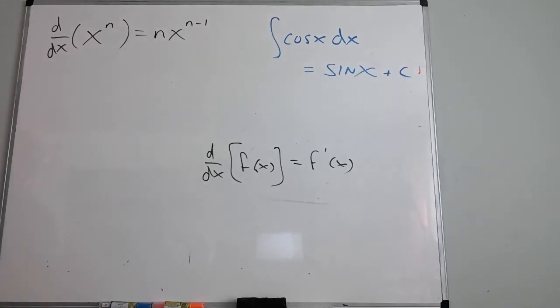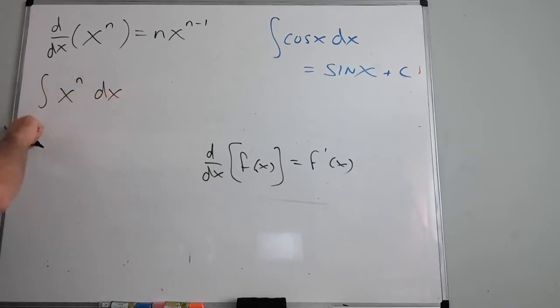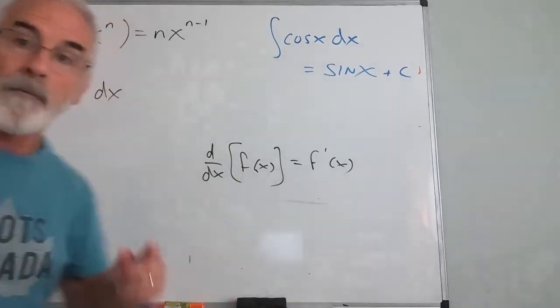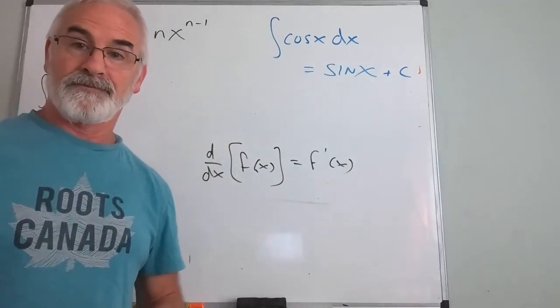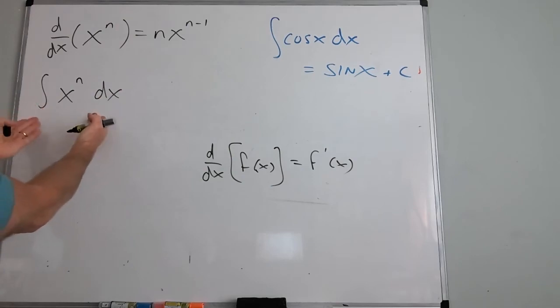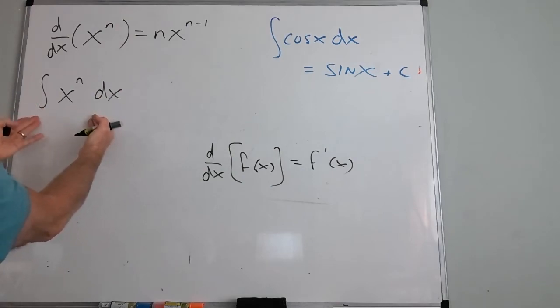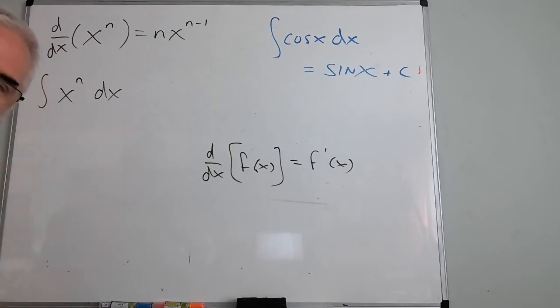We know this. So here's my question to you. What if I want to do this? I want to integrate this. Integrate is the noun. My result is the antiderivative. Okay, so this statement is the integral of x to the n. I want you to integrate x to the n.